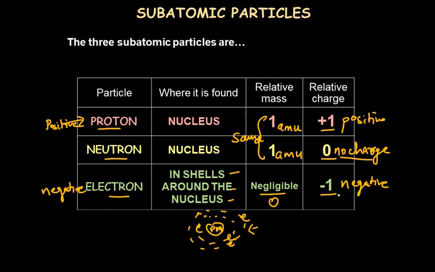But any normal atom is neutral because the number of protons is equal to the number of electrons. So the charge of protons and the charge of electrons cancel each other, making the atom neutral. So you can say that neutrons are not at all responsible for the charge of an atom, but protons and electrons contribute to the charge of the atom.